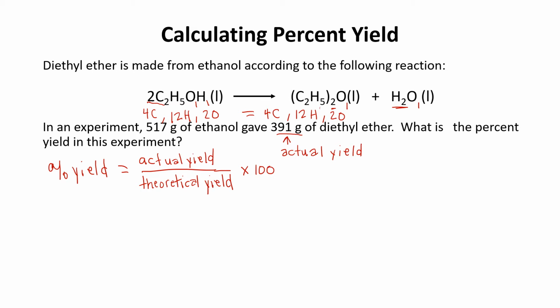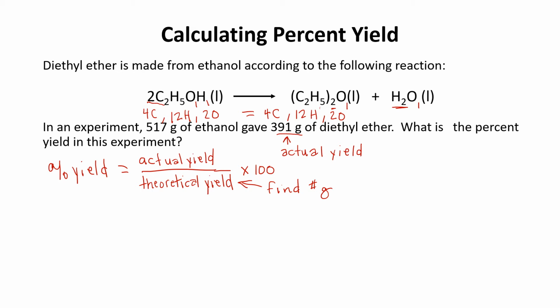Okay. So what we got to do in this problem, we already have the actual yield. What we got to do is find the theoretical yield, the number of grams, right? And then we will be able to calculate our percent yield.